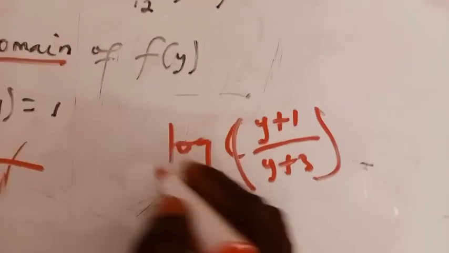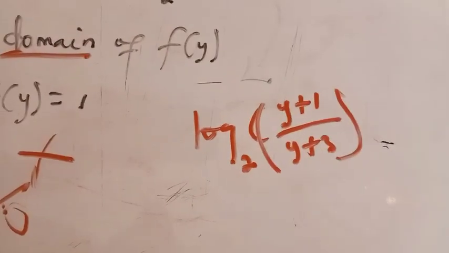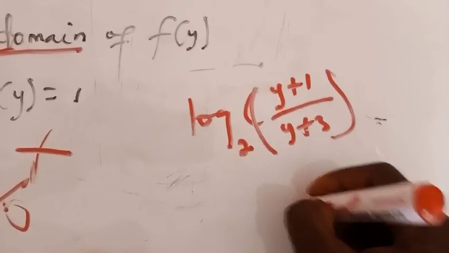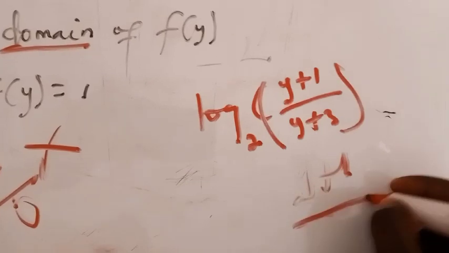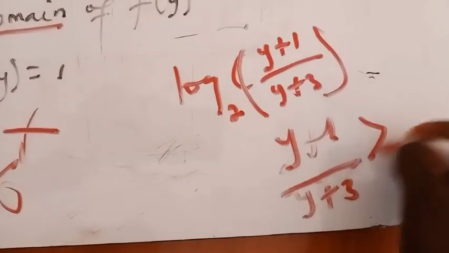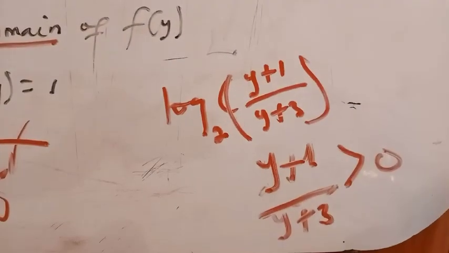So now that we have this guy, which is log base 2 of this one, what are we going to do here? Everything inside this one, y plus 1 divided by y plus 3, has to be greater than 0.